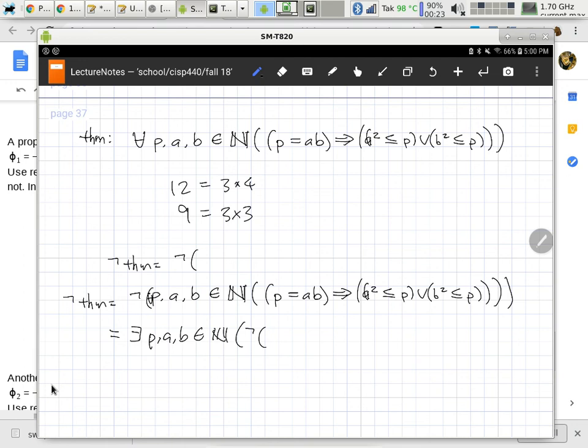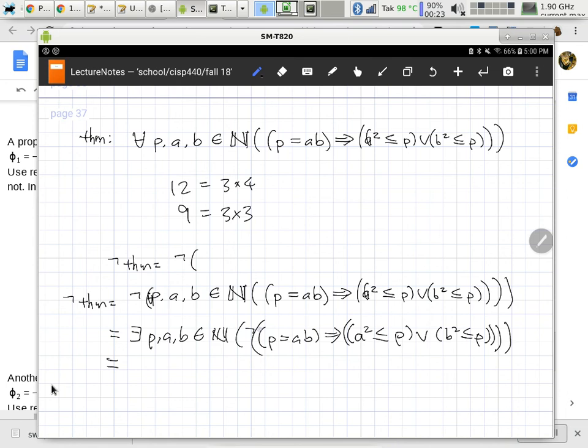So now you move the negation into the predicate. You're negating the entire thing. So A squared is less than or equal to P, or B squared is less than or equal to P, and we need to close this one and then close that one. There we go. Okay.